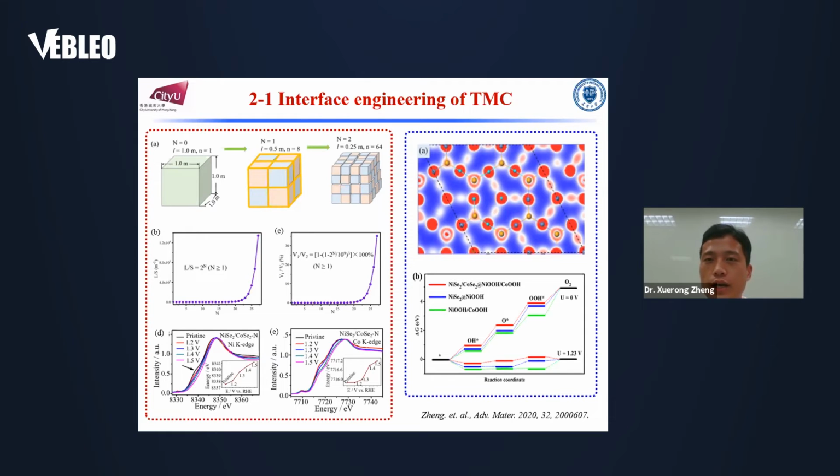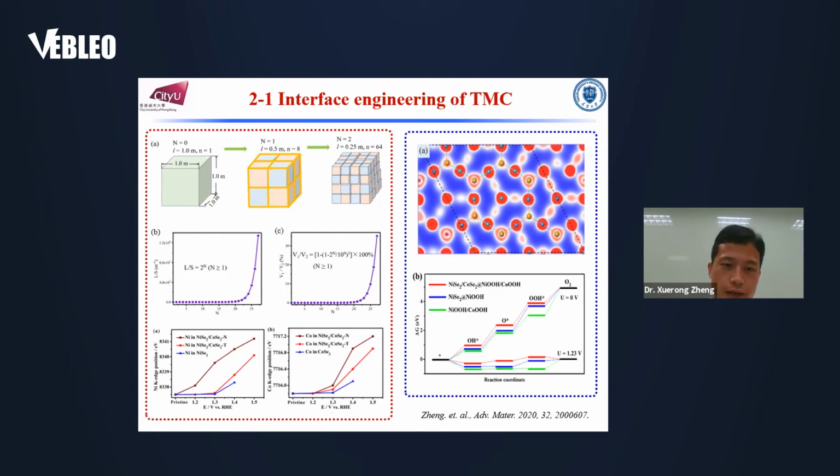And then we calculated their molecular charge population by adding different electric fields, and also we calculated their pathway of the OER, and the situation is similar to the synchrotron techniques results. And this means that the interface engineering can enhance the activity of the trace metals in the interface composites.